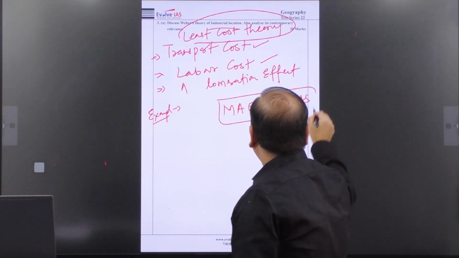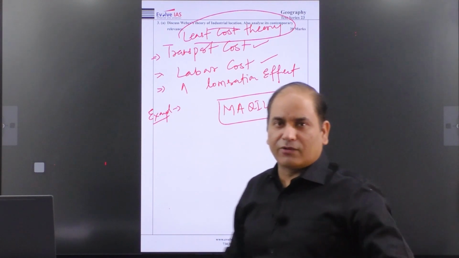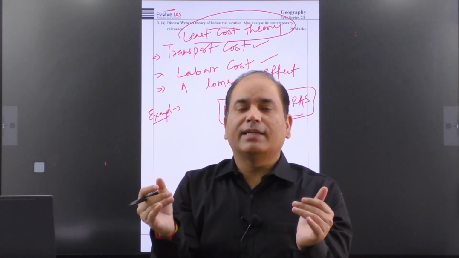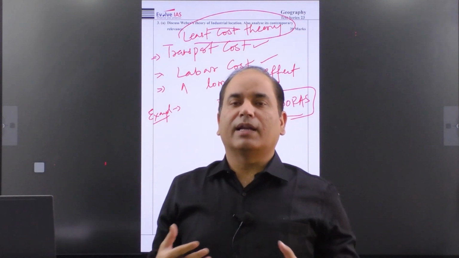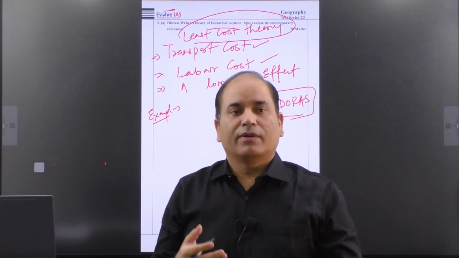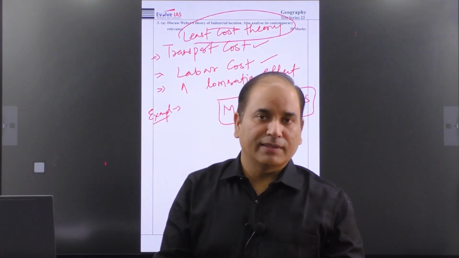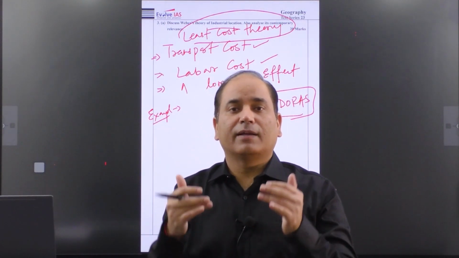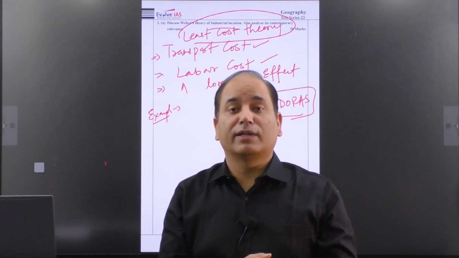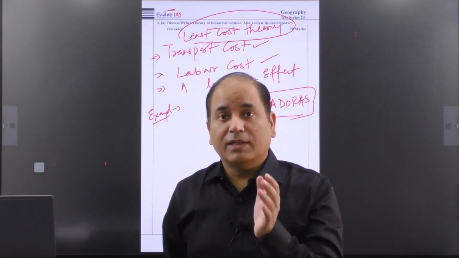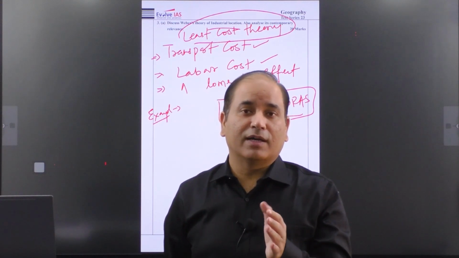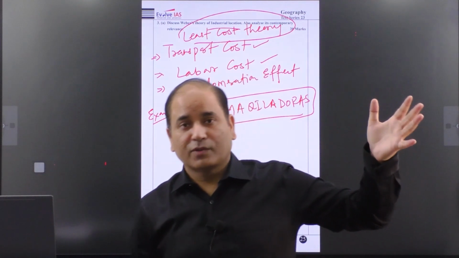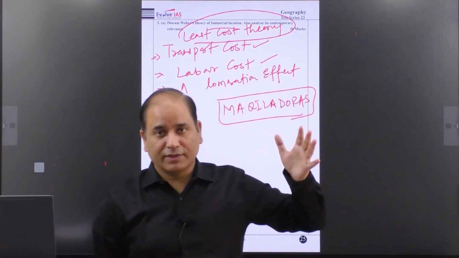This maquiladoras is an area in northern Mexico where some grants and tax rebates are given by the government, so the industry of the USA can go and set up their manufacturing over there. And the most important part, most of the labor working in these maquiladoras is paid almost one tenth of what the companies were supposed to pay in the USA.